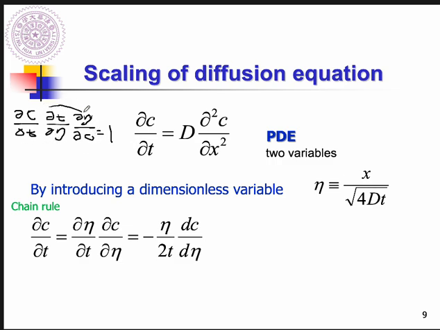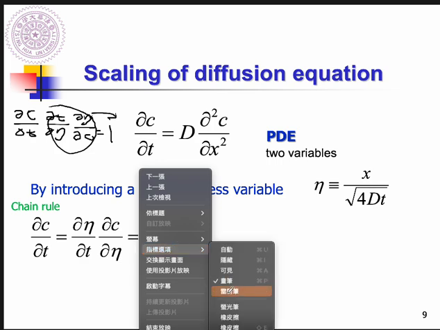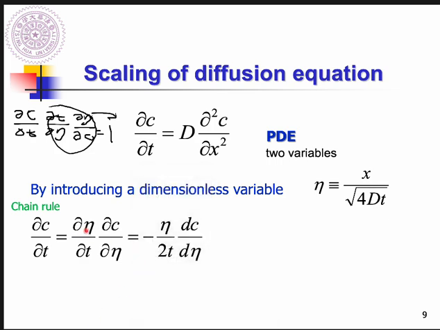So I just move this to the right-hand side, and you get the inverse. The final goal is to get partial c partial iota. So here I have partial c partial iota times partial iota partial t, and using the partial with t, you get negative iota divided by 2t. Okay.